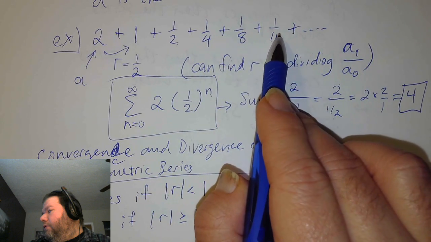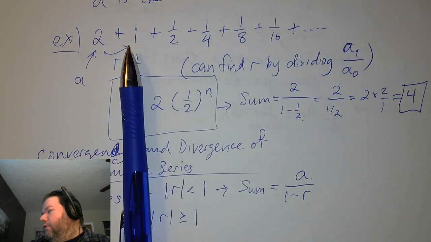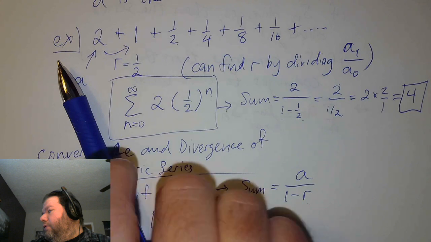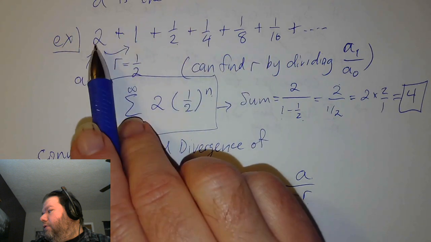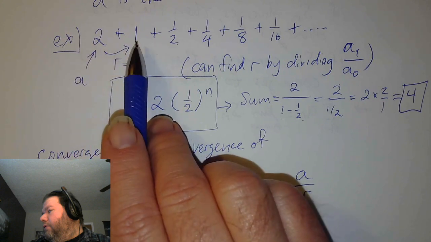Plus 1/16, which makes 3.9375. I'm getting lost in the fractions. But the idea is that each step we take, starting from 2, gets us halfway closer to the sum 4.